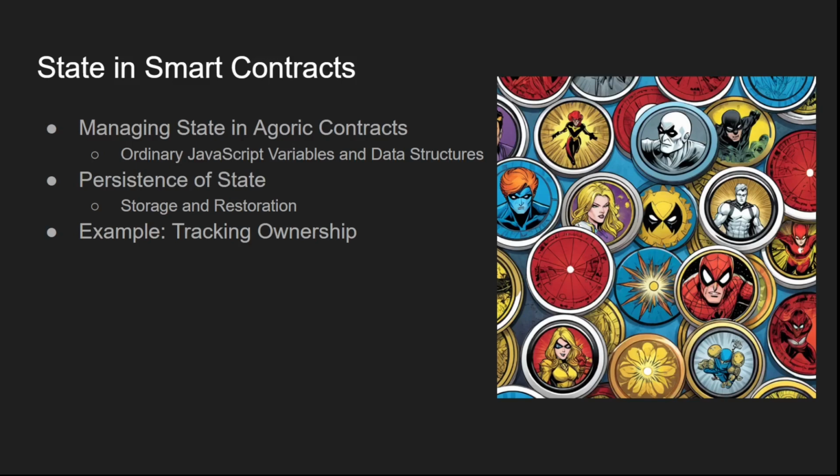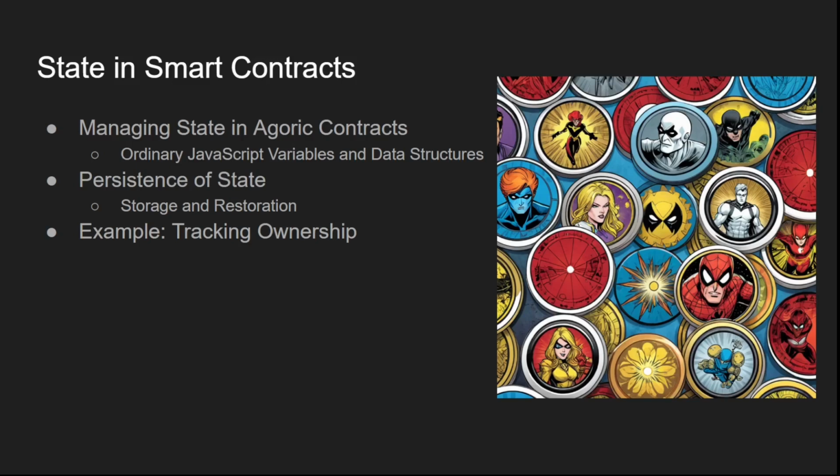For instance, let's consider a smart contract that manages a simple token system. The contract might have a state variable called balances. Balances is a JavaScript object mapping user addresses to their token balances.